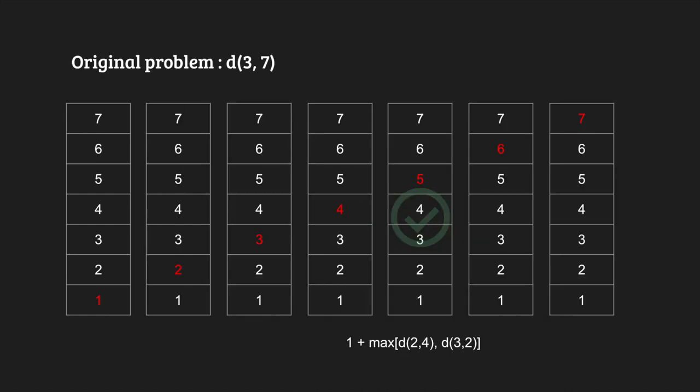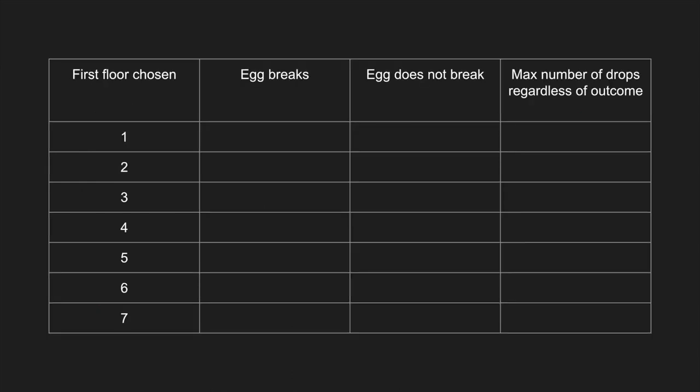So now that we have seen what would happen if we choose to start with floor number 5, we still need to explore the other timelines for the first choice. To make it simpler to visualize, we will use this table to track the outcomes.